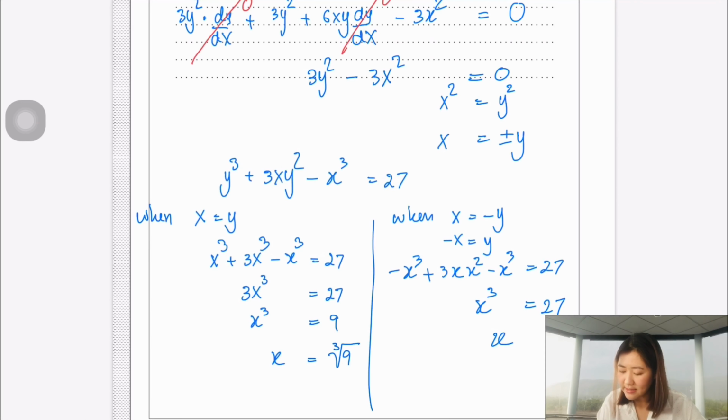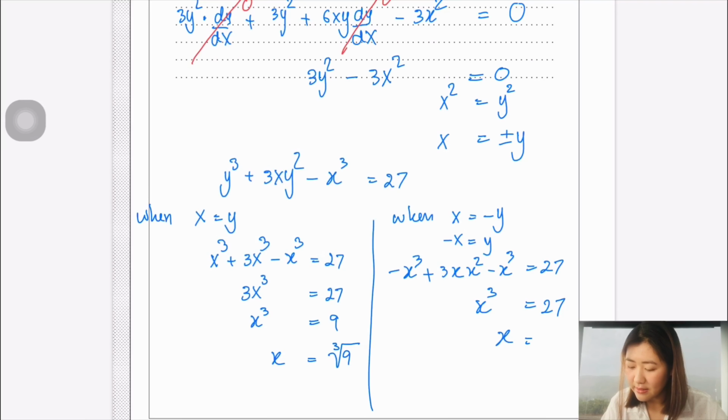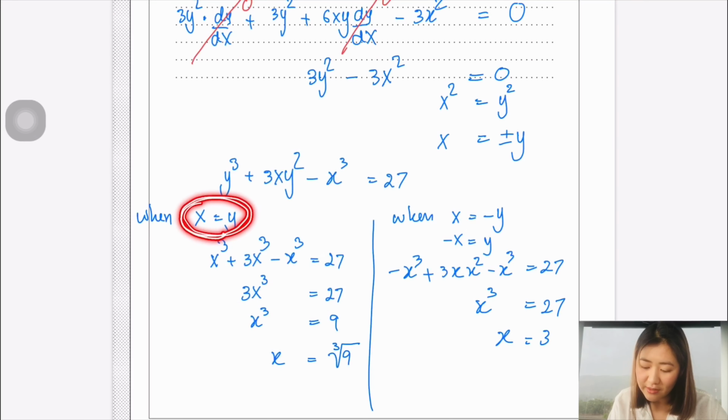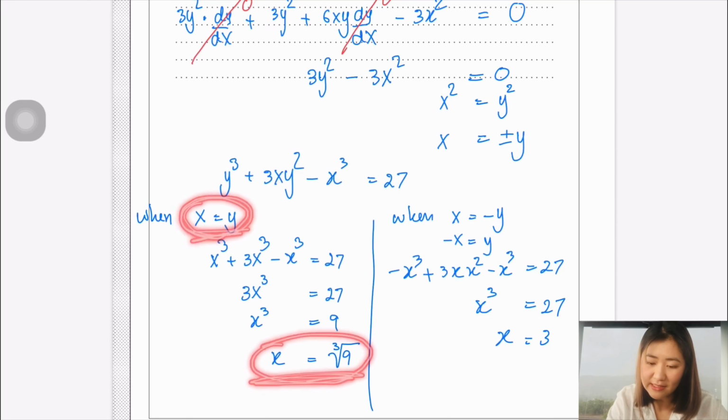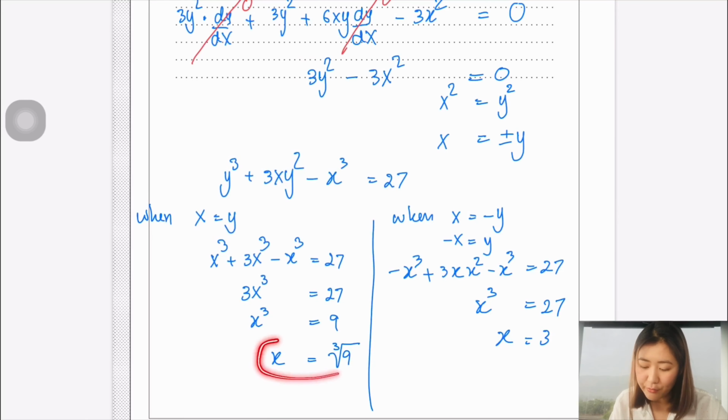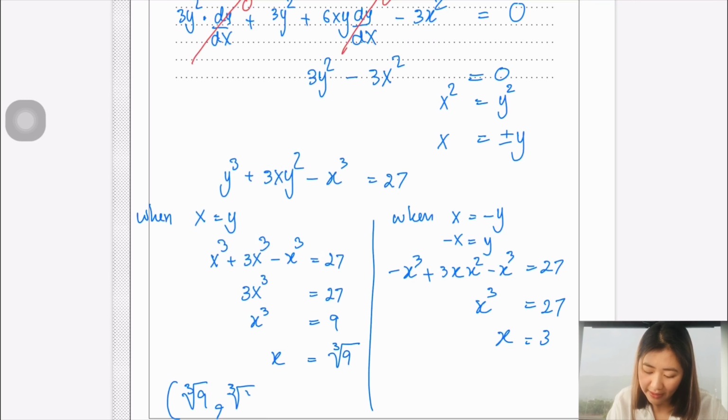So your x is 3. Once you have this x, for the condition x equals y, you have the same value of y. So the coordinates is the cube root of 9 comma cube root of 9.